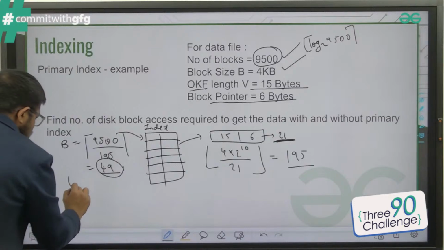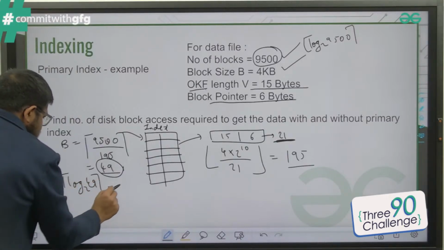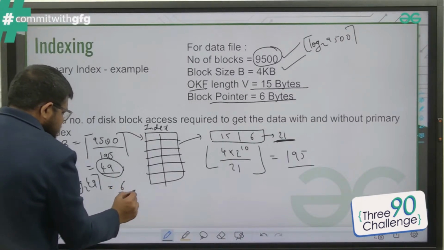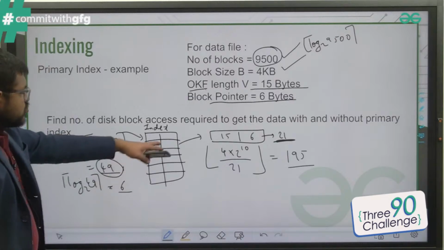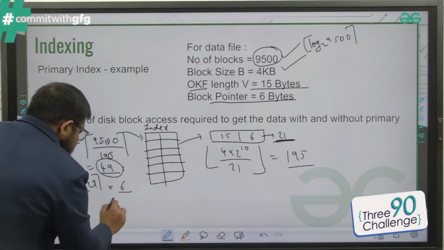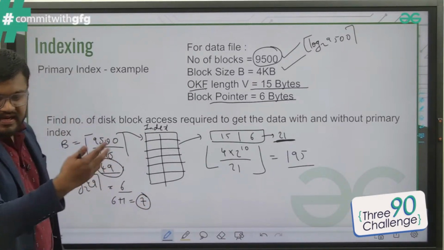So it will be log 49 base 2. This will be 5 point something, that is 6. So you require 6 block accesses to reach the pointer to the block in which the data is contained, and 6 plus 1, that is 7 block accesses to get the exact data.